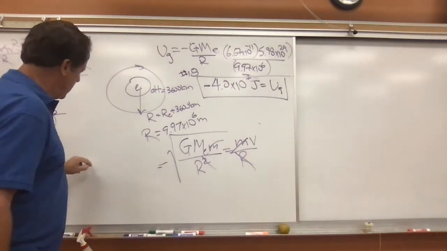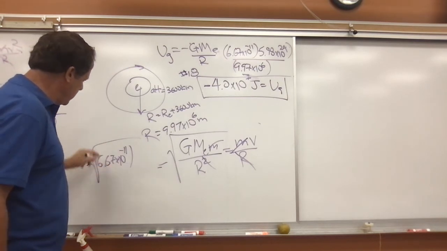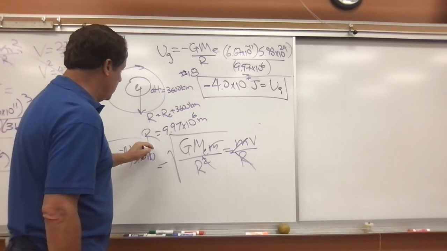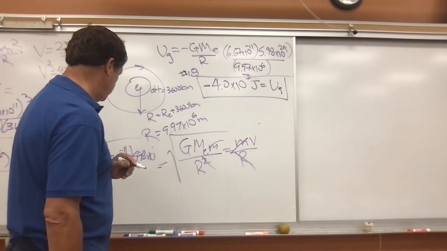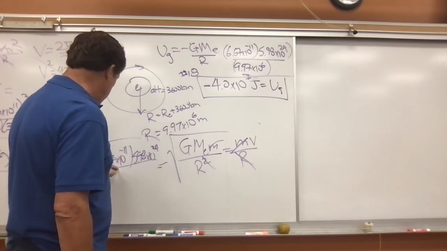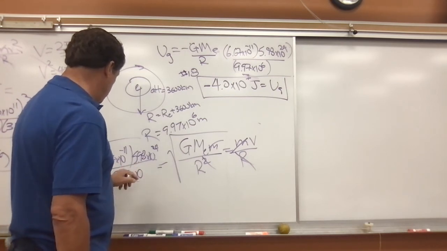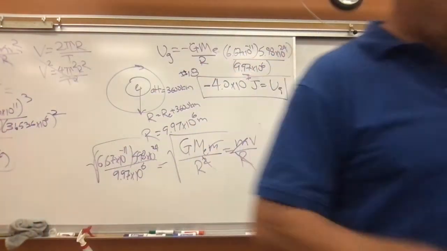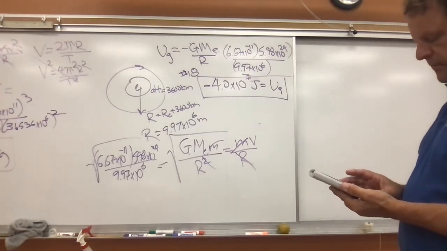Okay, so we can take the square root of 6.67 times 10 to the negative 11th, times 5.98 times 10 to the 24th, divided by 9.97 times 10 to the 6th, okay? And then we are going to take the square root of that.